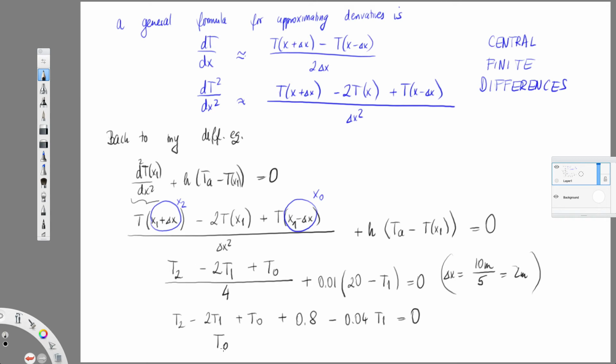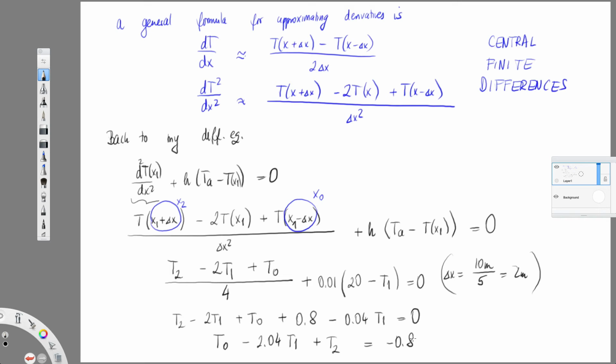So this is going to be T0 minus 2.04 T1 plus T2 is equal to minus 0.8. Everybody okay with this so far?